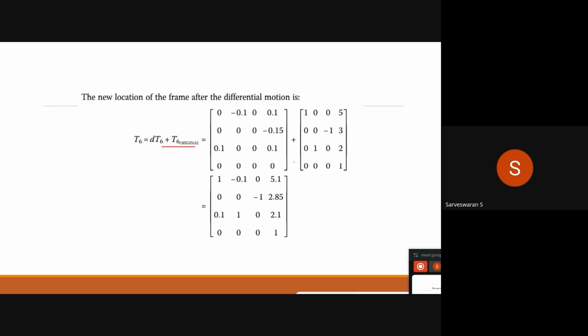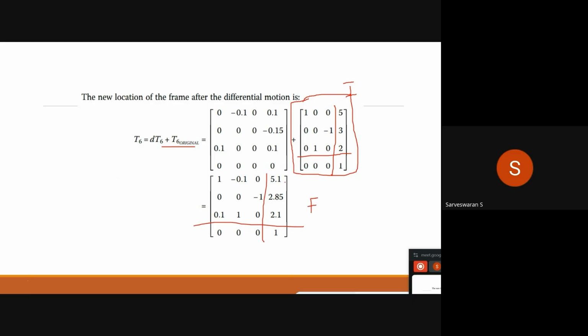So when you see here, this is the position and orientation of my end effector at the initial time. And upon the differential motions that have been carried out, this is my final position and orientation of my end effector.